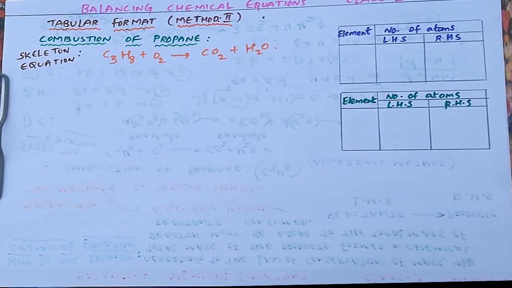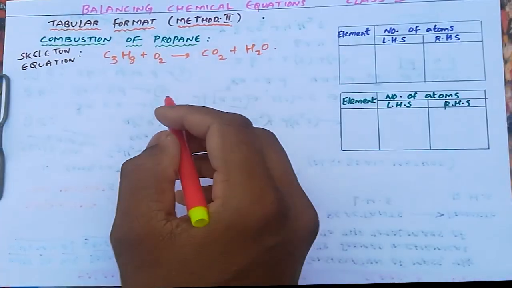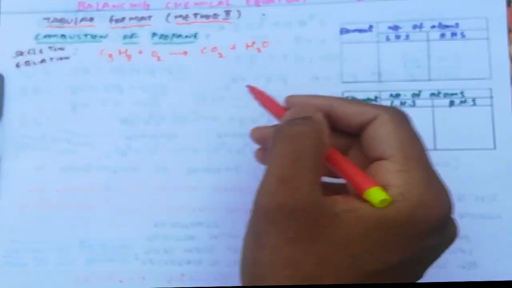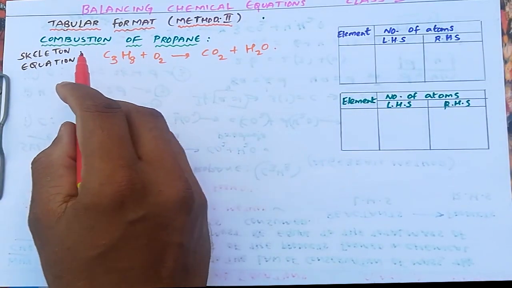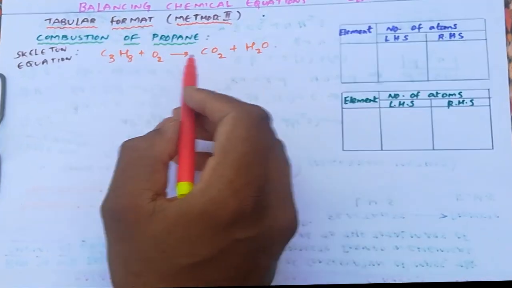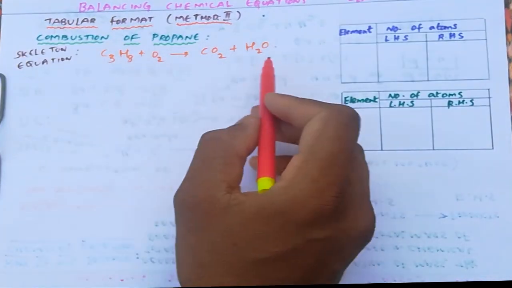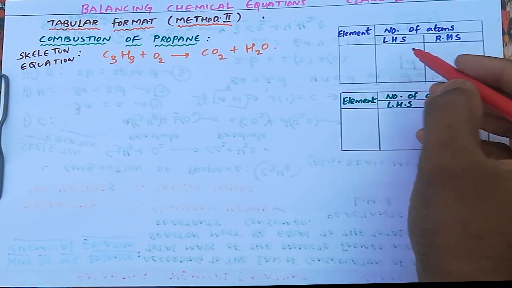Now the second method, tabular format. Using a table, tabulating the values, we will balance the equation. The same example I am taking, combustion of propane. This is a skeleton equation, that is nothing but an unbalanced chemical equation. We will use this tabular format.